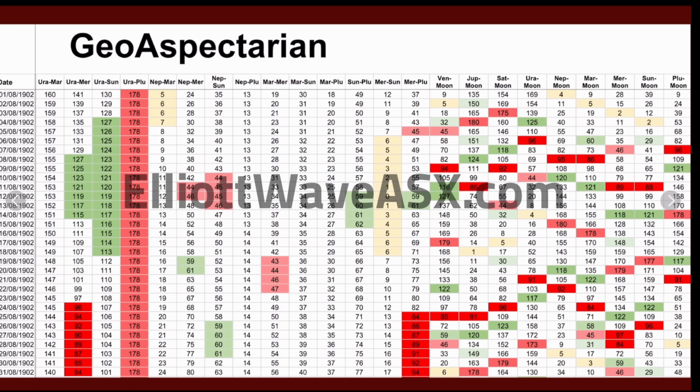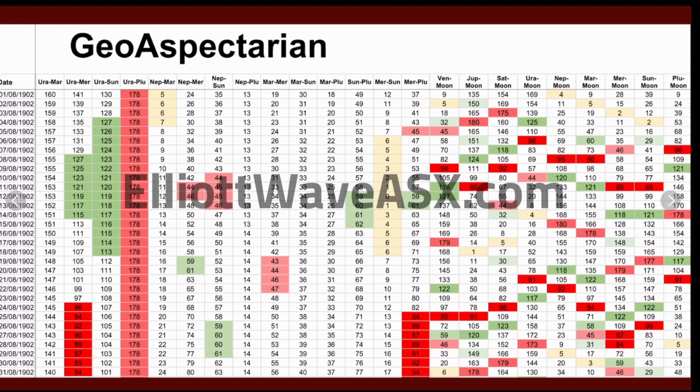And what you can do is scroll through this Aspectarian and look for important combinations, and then look to stock market charts to see if there was any important activity or turns around that time. Or indeed you could look at various instruments, stock market, shares, commodities, currencies, etc. Find important highs or lows, or indeed large price movements, because it's not always the exact high and low that you need to look for.